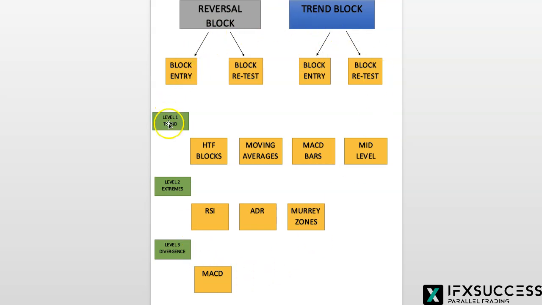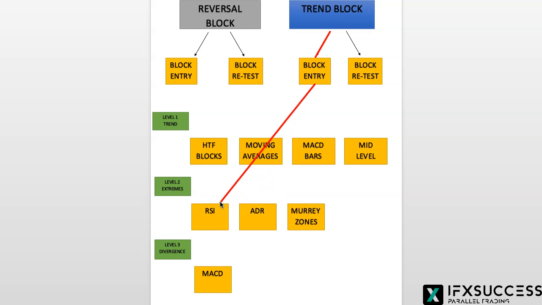Every single one of these level 1, level 2, and level 3 indicators has the reversal and the trend block. So why did I do that? Well, the way I was thinking about it was that we can set strategy 1 to be scalping. So we can say, okay, I want a trend block entry, and then I want RSI divergence.